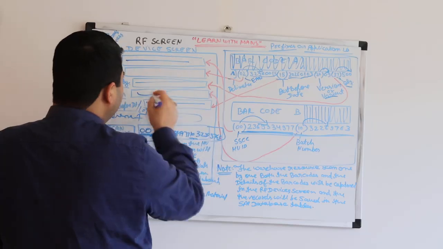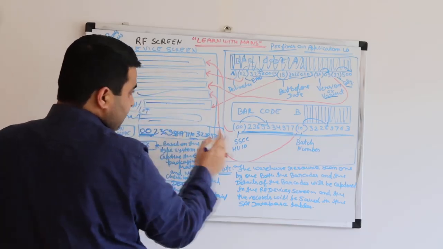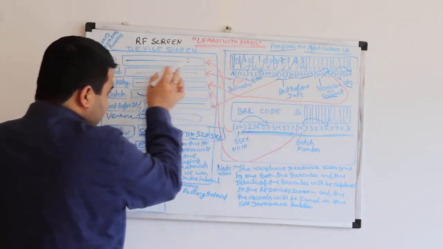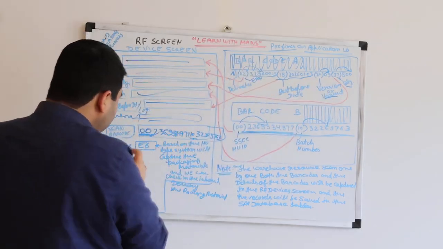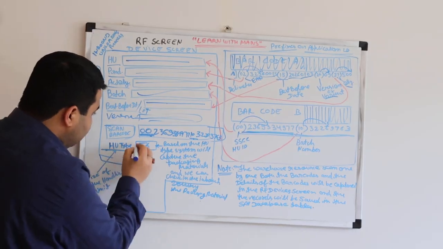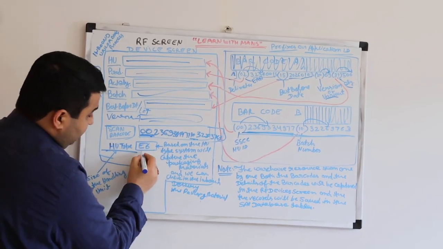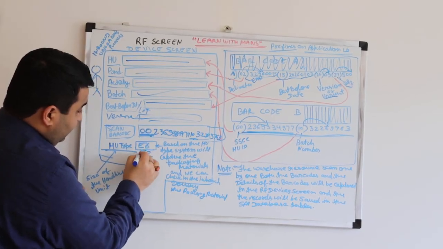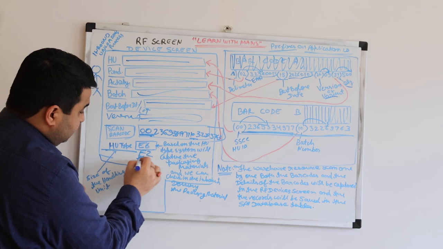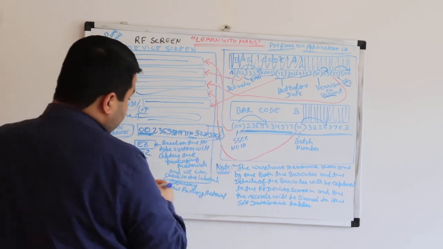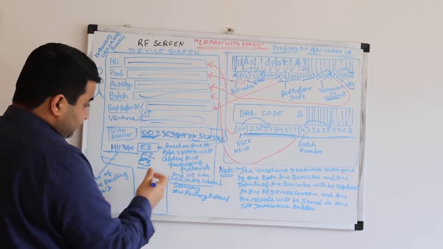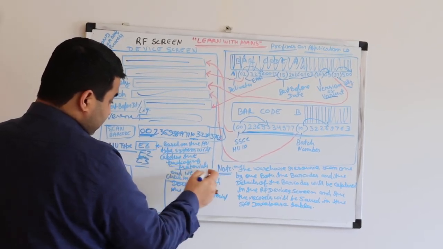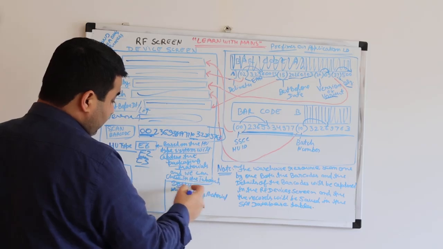Some information will be captured from this barcode, and some from that barcode, and here we also need to enter the HU type, the size of the handling unit: E1, E2, E3, Euro pallet size for example, depending on the size of the pallets. Based on the handling unit type, the system will capture the packaging material, and we can check it in the inbound delivery.